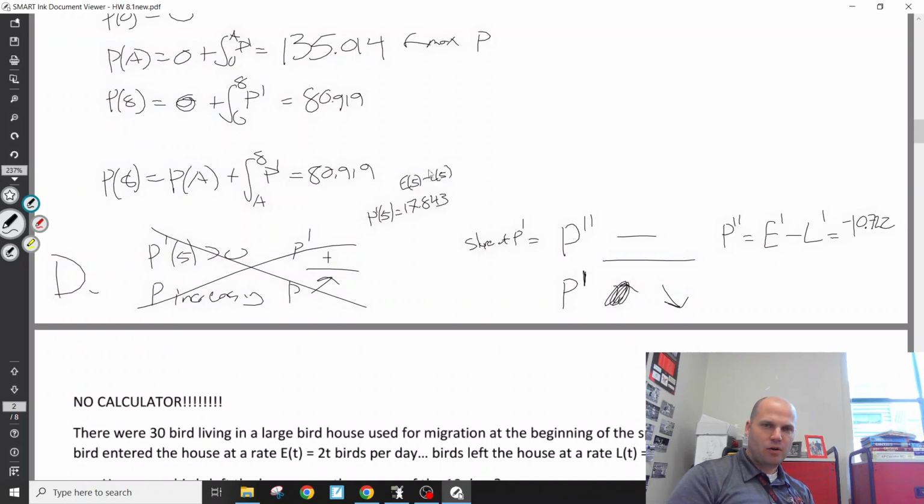This is fish per hour minus fish per hour. This is in fish per hour. This is a velocity. What would this be? Well, it's an acceleration. It's a second derivative. This is in fish per hour squared. Second derivative is negative. P prime is decreasing.